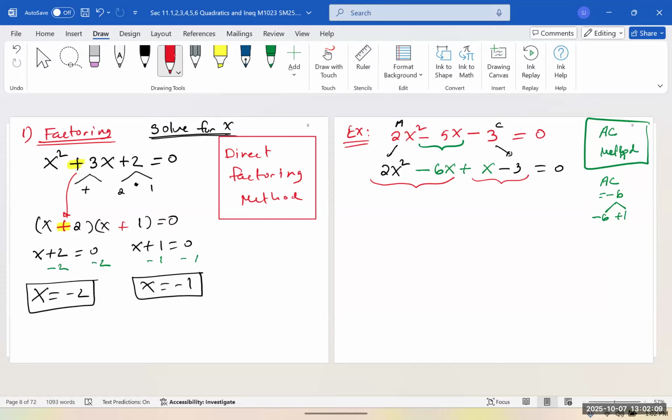In the first group, what do you see as a common factor? 2x. So you factor out 2x. Then what is left in the first group? x minus 3. Good. Then in the second group, what do you see? Nothing, right? When you have nothing, what do you have?